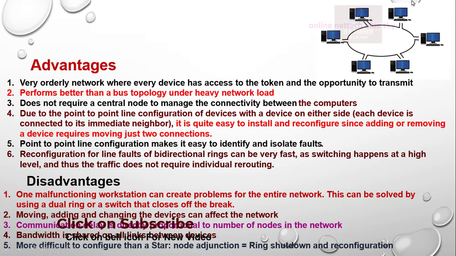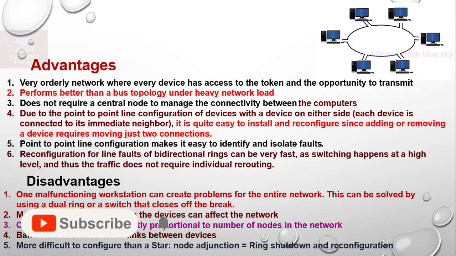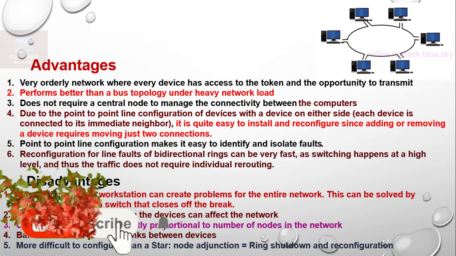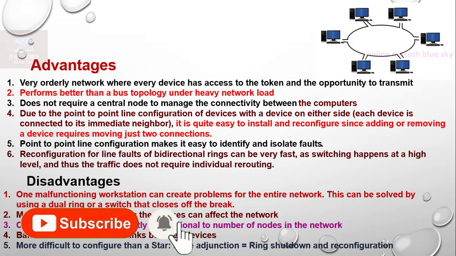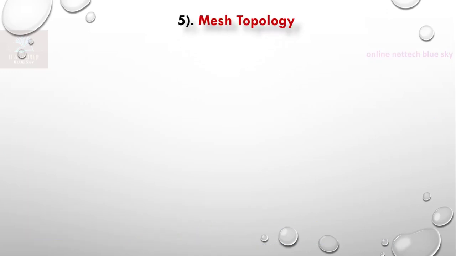Shutdown means all of the network stops, and if you want to start again, every computer has to be configured again. So this is a disadvantage of ring topology. Ring topology is better than bus topology, but it is not very powerful and not very useful.